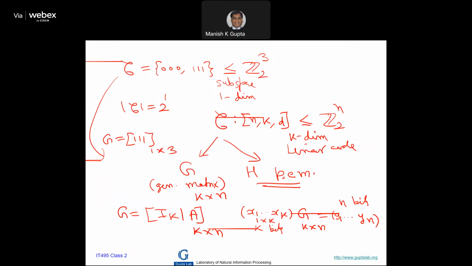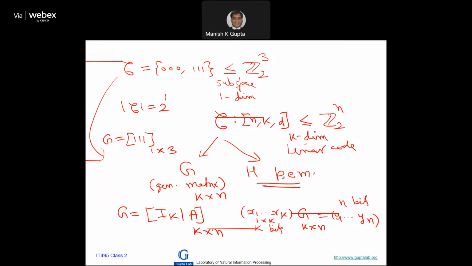This is how you do the encoding all the time, through the generator matrix. We are extending k bits to n bits, so that k bits multiplied with the generator matrix G, which is k by n, gives you n bits.